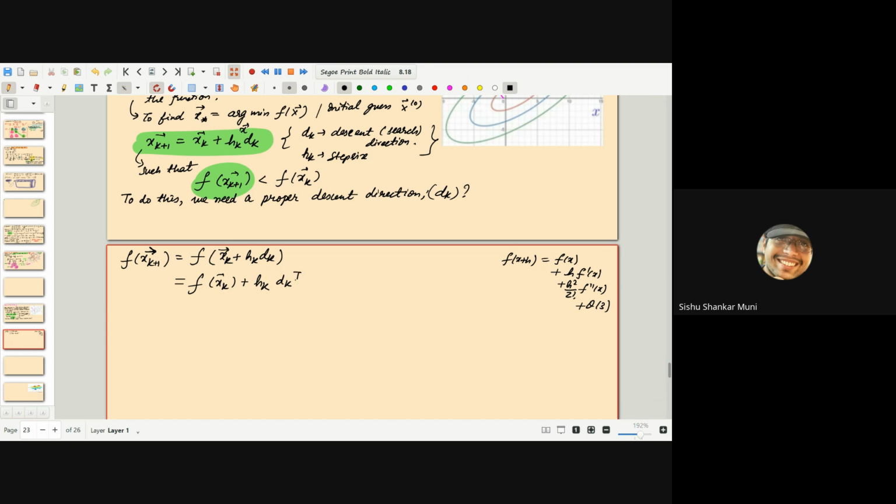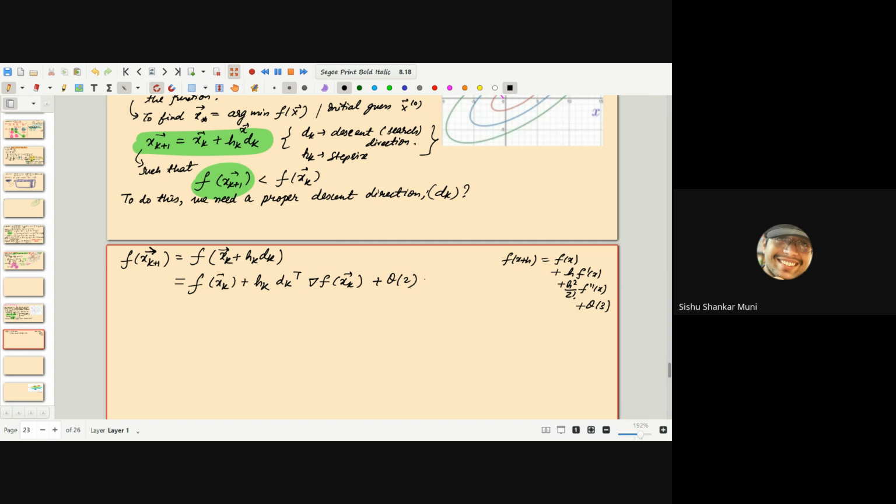You will know why it is hk dk transpose. Then take the derivative. That should be the gradient of f of xk, plus the higher order term. So we are taking the second order, that is Hessian and all, as higher order term. So there will be an error of order 2. The method is not fully accurate.